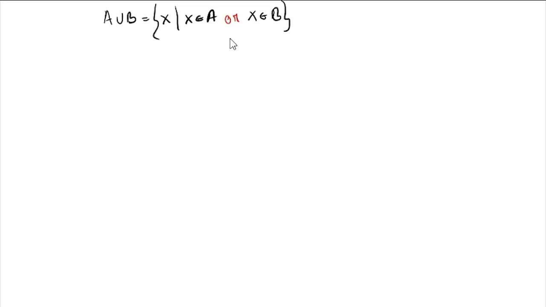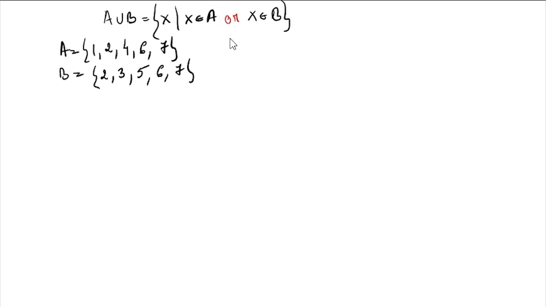Let's take an example. We have A equals 1, 2, 4, 6, 7. And also B equals 2, 3, 5, 6, 7.